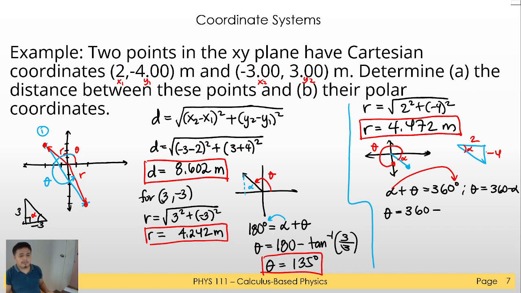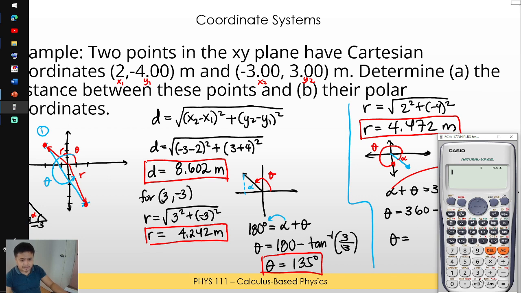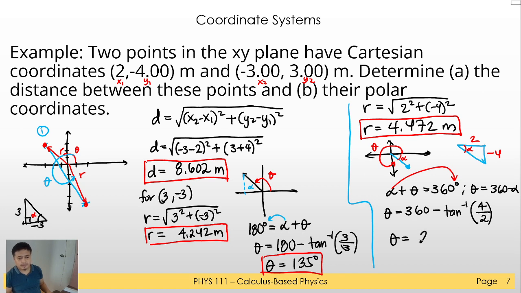So this is our alpha. Therefore, this will be arctangent of negative 4 over 2, although we could omit the negative 4, assuming that this is positive. Okay, so theta will be equal to 360 minus arctangent 2. So the answer should be 296.6 degrees. Alright, so that's it.